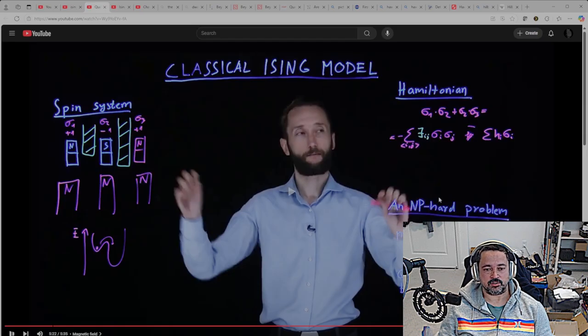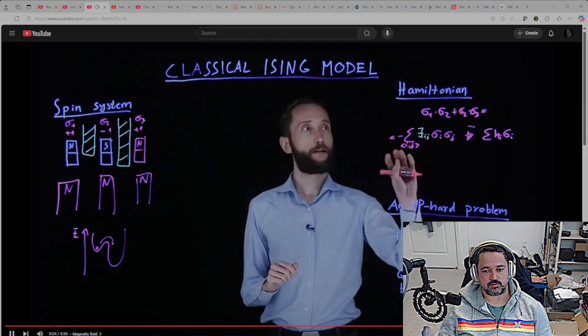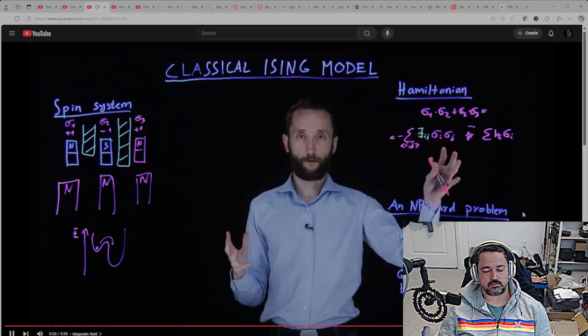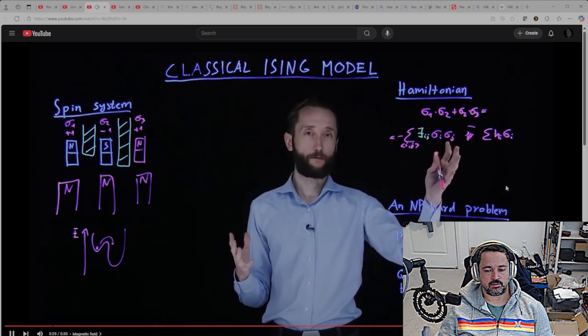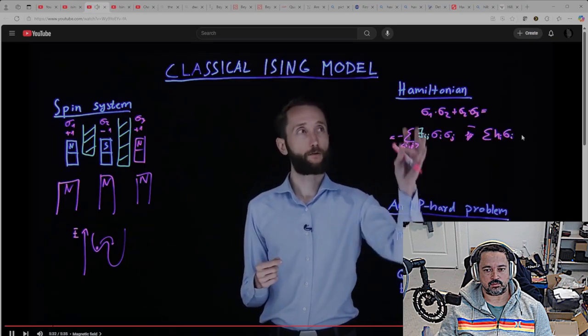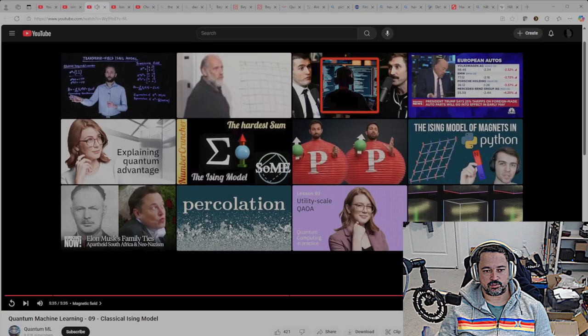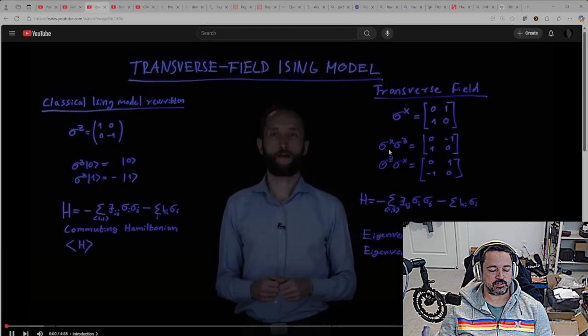Okay, let's keep going. But apart from that, this describes the energy of the system, and the operator or this equation that describes the energy of the system is called a Hamiltonian. Very good. That is the Hamiltonian. Let's move to the next one, chapter 10.